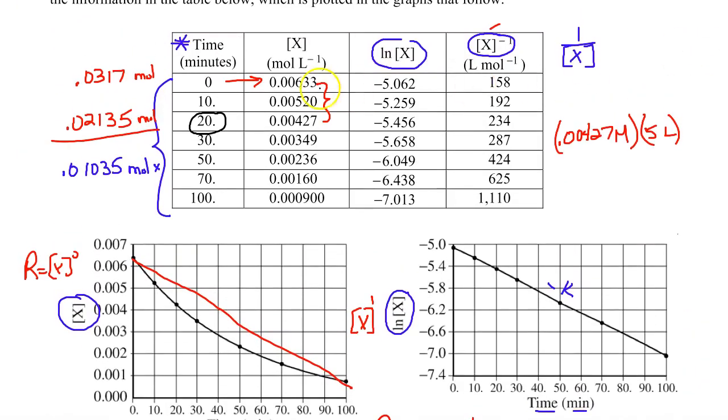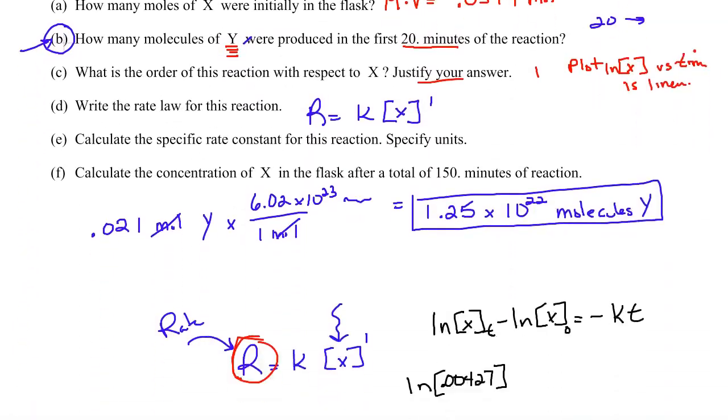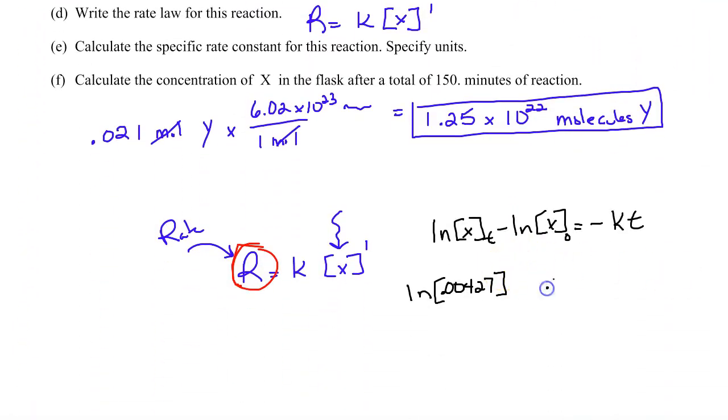That was 0.00633. That's minus the natural log of that concentration equals negative k, which we're after, times the time period, which of course is 20 minutes. And now we solve for k.